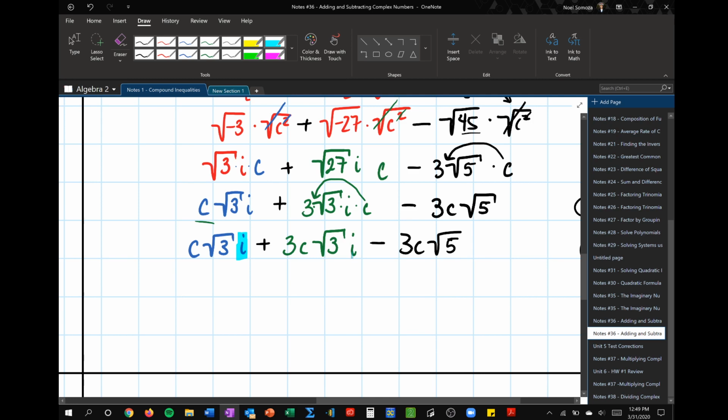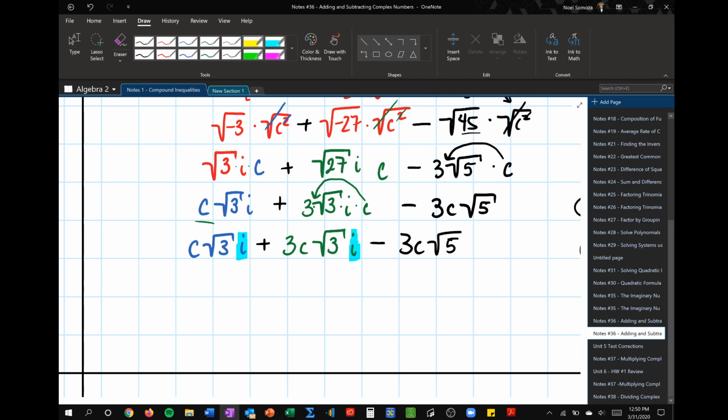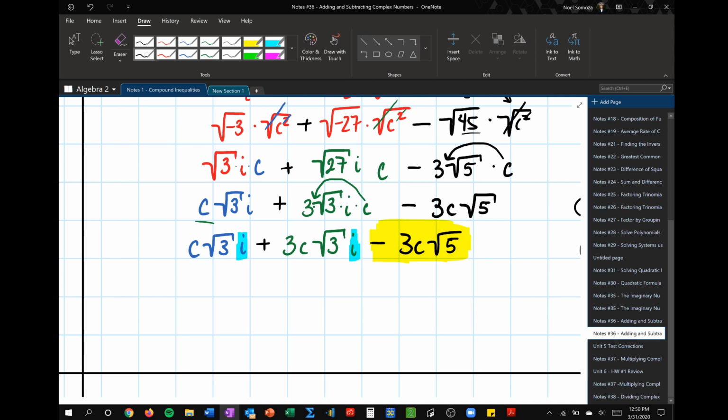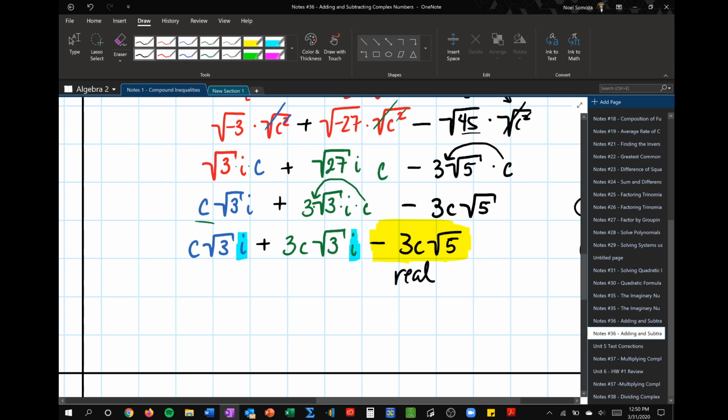You cannot mix the imaginaries with the real. So what do you see? You see the first 2 terms have i. Those are imaginary terms. The last one does not have i. That means that this entire thing is real. That means you cannot combine this, including that negative, because it's part of it, so negative 3. All of this, none of it can be combined with term 1 or term 2 because it's real. This is the real part of the expression.